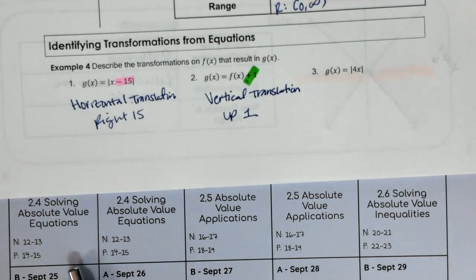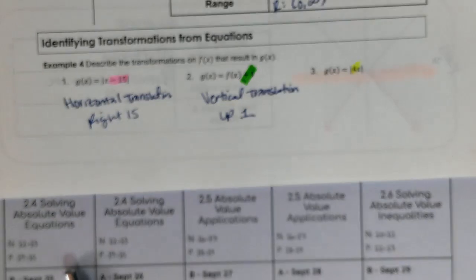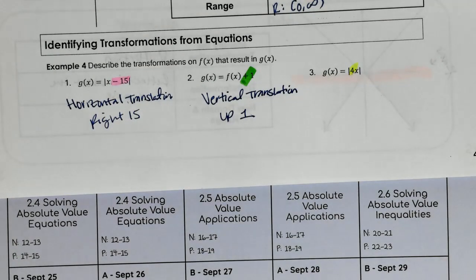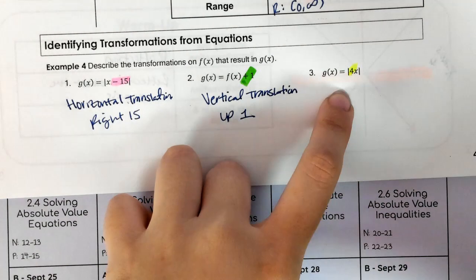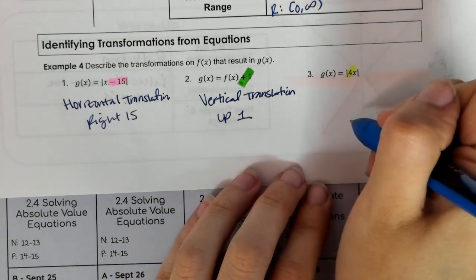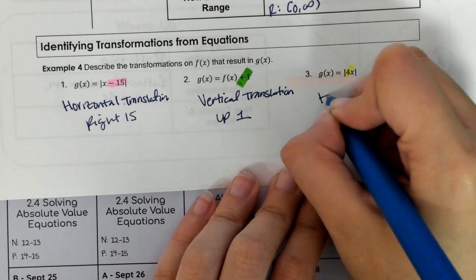And then finally, I can see that I have no adding or subtracting. In fact, I'm multiplying x by 4 inside the parentheses. So inside the parentheses makes me think opposite. And so, in this case, if I'm inside, I'm still horizontal.